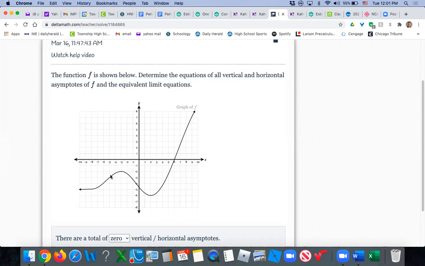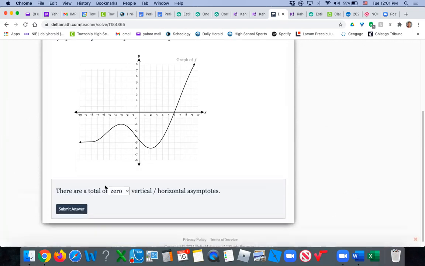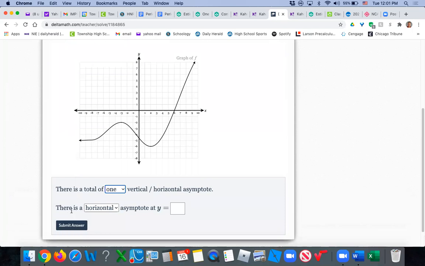If I look at the left side here, this appears to be kind of tailing off right here. That leads me to believe that there is a horizontal asymptote, a horizontal line at y equals -5. So I would say there is one horizontal asymptote at y equals -5.